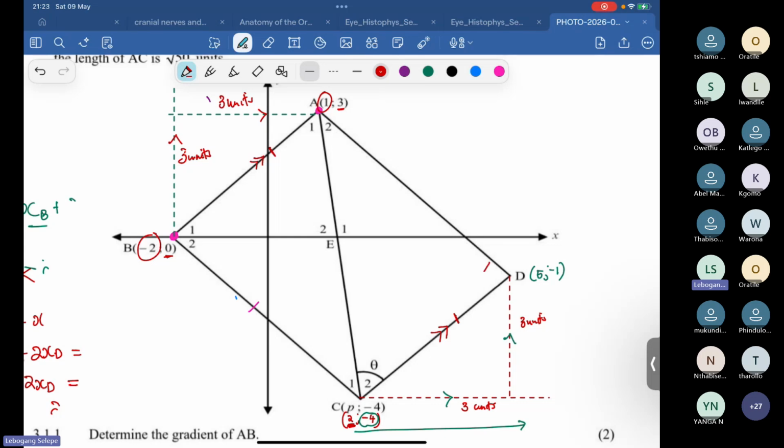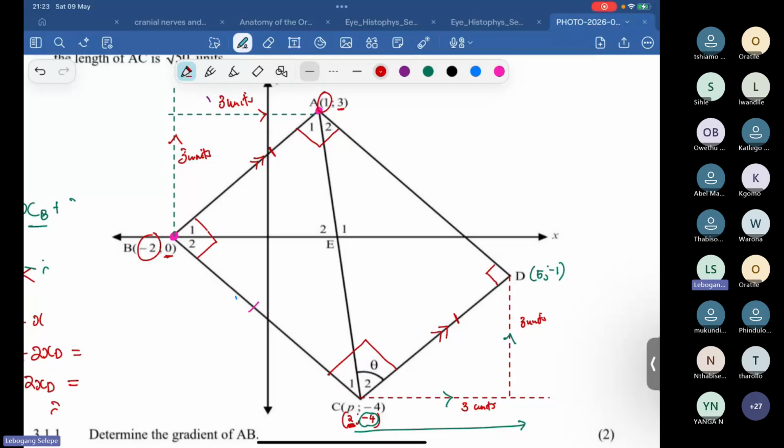So we know that this is 90 degrees, because we were told that this is a rectangle. This is also 90 degrees, that is also 90 degrees, and that is also 90 degrees. Again, there are multiple ways that you can look at it.